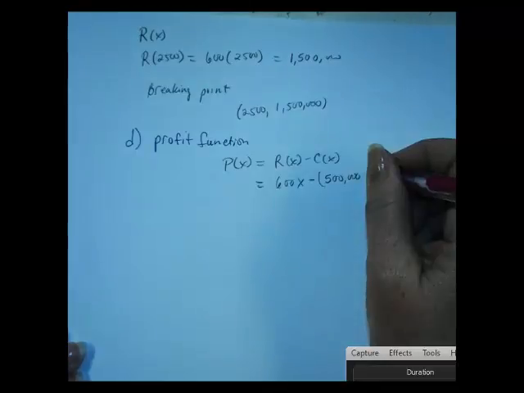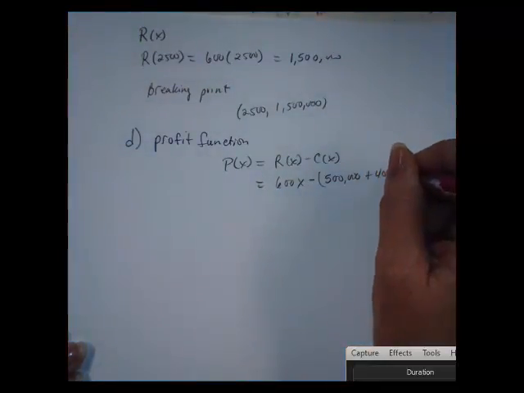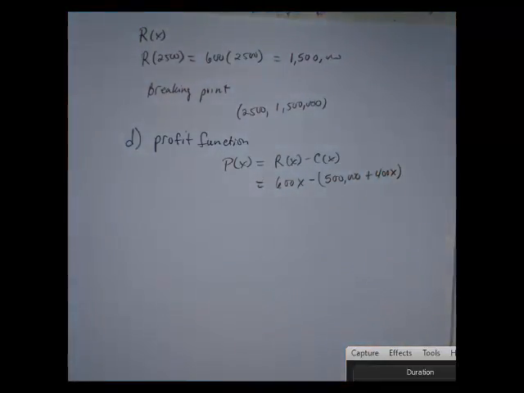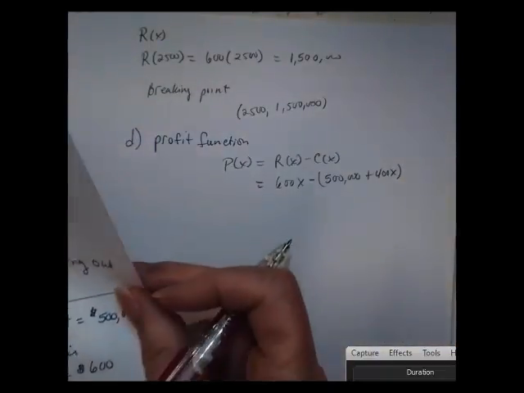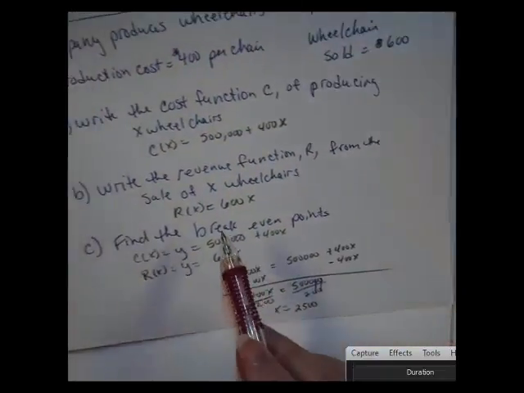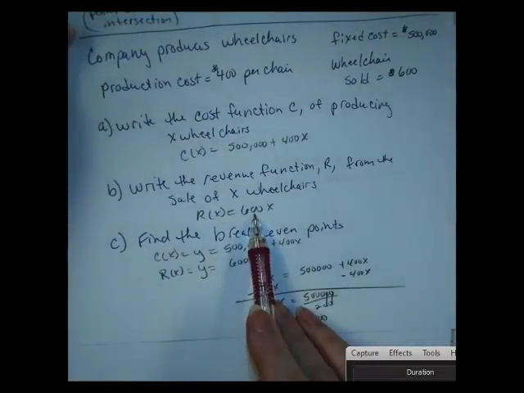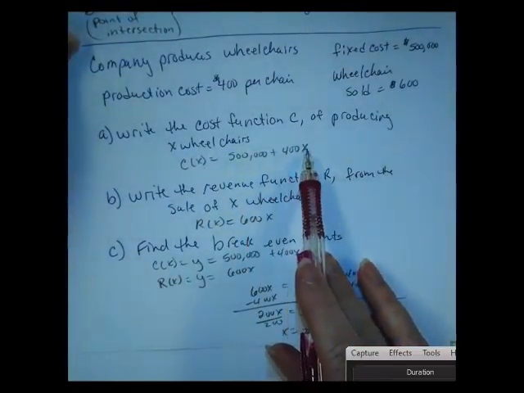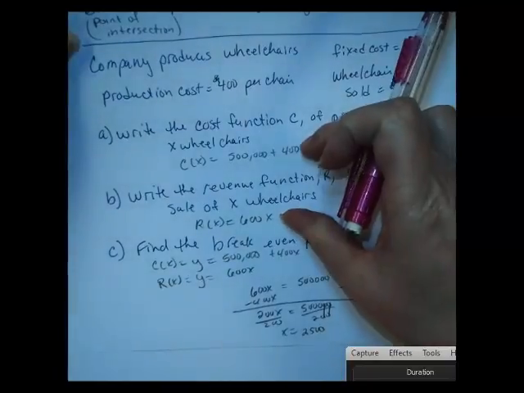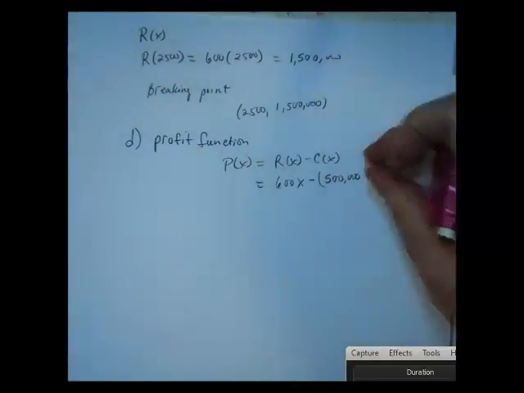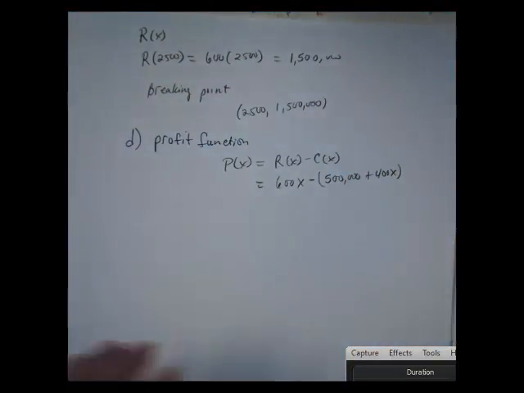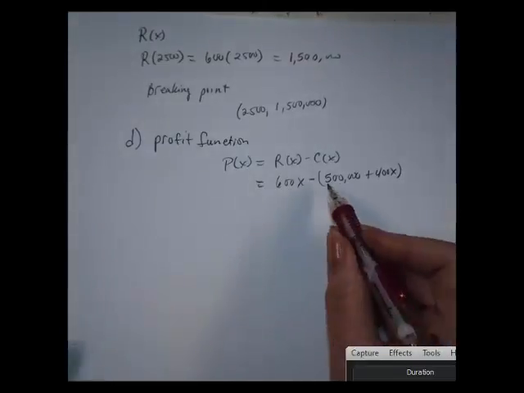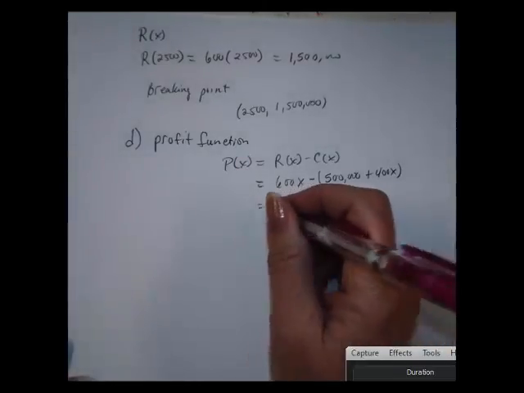Now, if you're wondering where that came from, let me pull this up here. Our R of X was equal to 600 times X, and our C of X is equal to 500,000 plus 400X. So I took these two and I plugged them in right here. Here's our R of X, here's our C of X. I put it in parentheses because we have that minus sign.